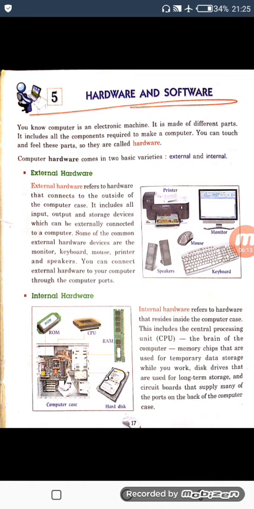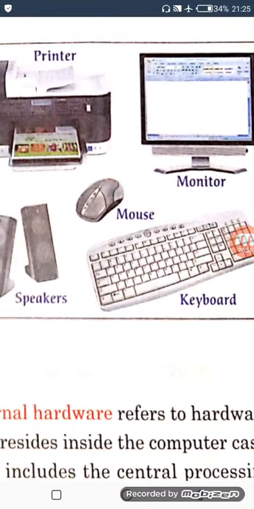Okay, so those devices which are connected to the CPU case or which can be seen by the outside world are called external hardware. It includes all input, output and storage devices which can be externally connected to a computer. Always keep in mind, external hardware is externally connected to a computer. Some of the common external hardware devices are the monitor, keyboard, mouse, printer and speakers.